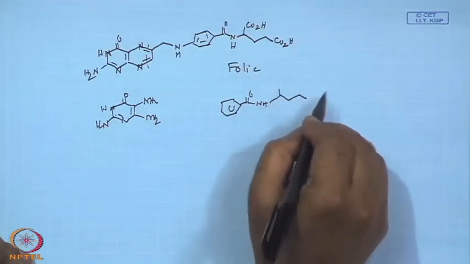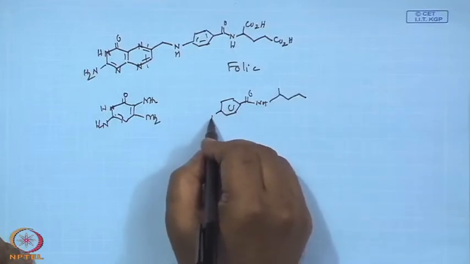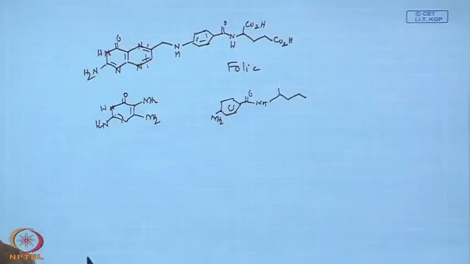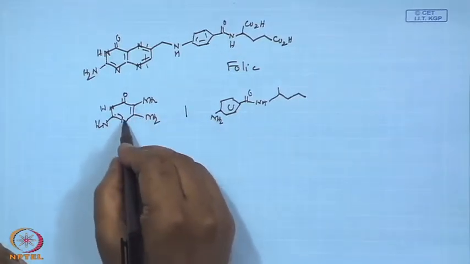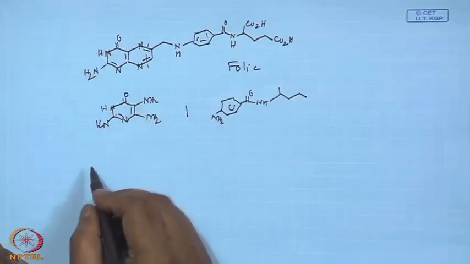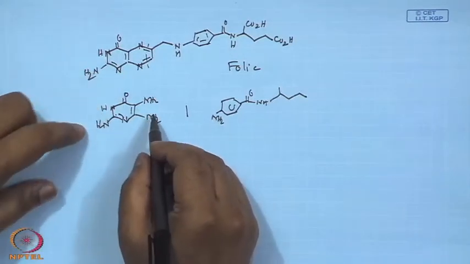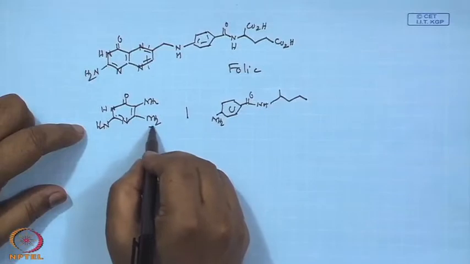So, you have all these things, and this is amine here, and in the middle, we are organic chemists, we can think about, right, but you have to differentiate these two nitrogens. When you break down this folic acid, you will have this nitrogen and this nitrogen.